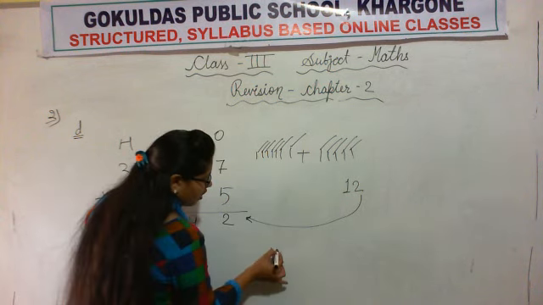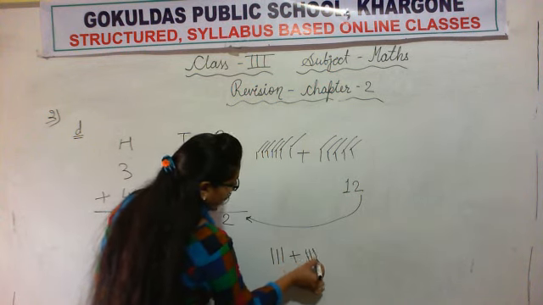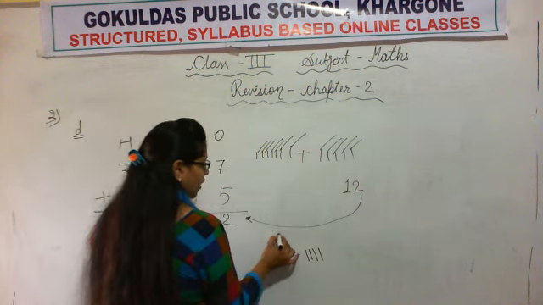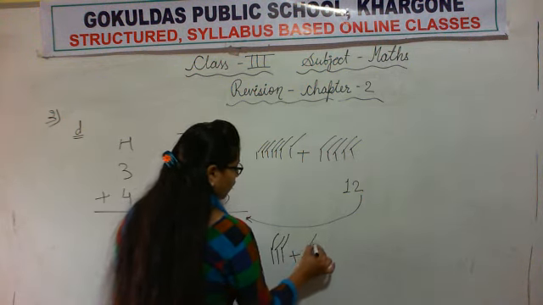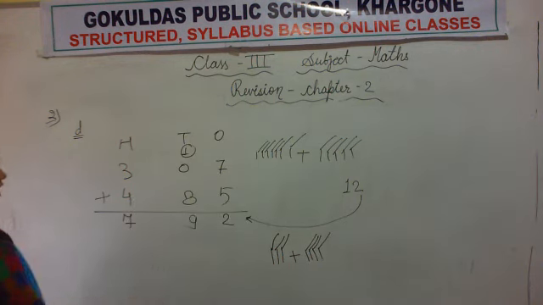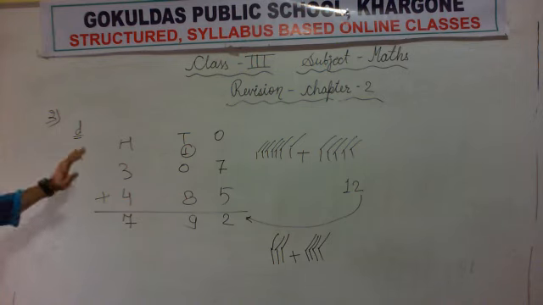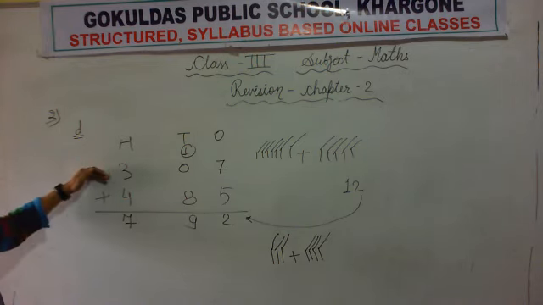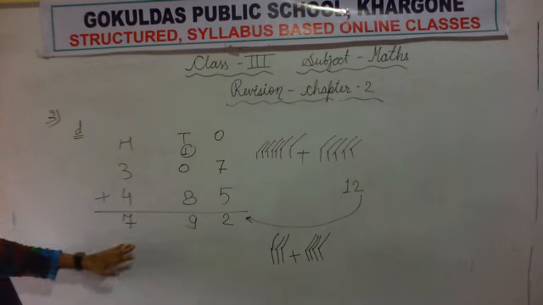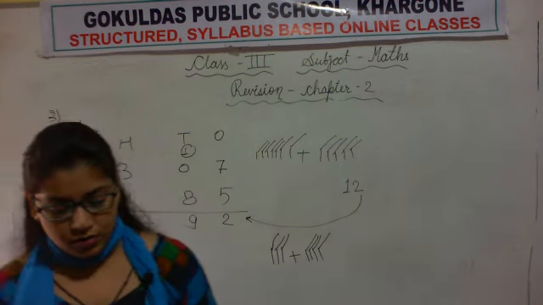So let's draw 3 sticks and 4 sticks. Now let's count how many sticks are there. 1, 2, 3, 4, 5, 6, 7. 7 sticks. So we will write the number 7. The first number is 307. The second number is 485. And the sum is 792.